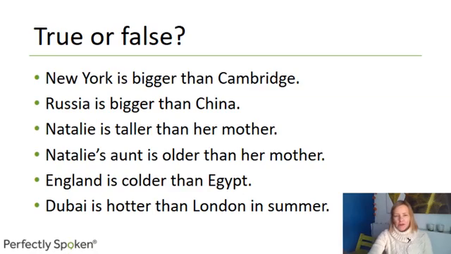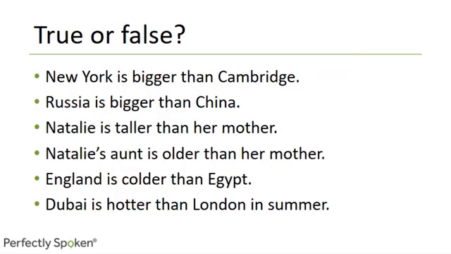Okay, right, so here I'm putting on the screen some sentences. You just have to decide if they're true or false. So just have a look at the sentences, read, relax, think true or false. If you want to write the sentences down, you can. Just pause the video, okay? So here are the sentences.